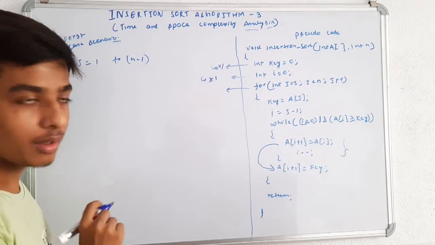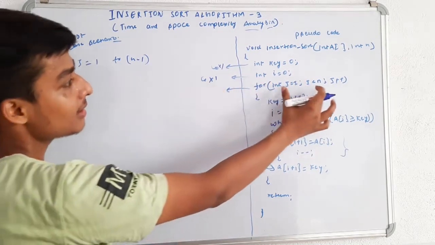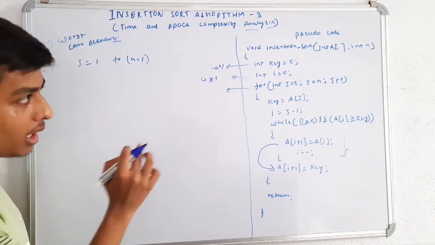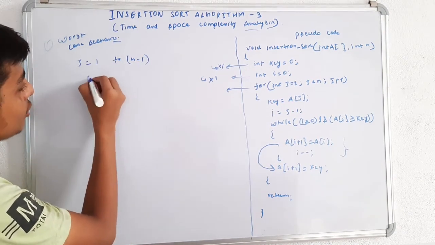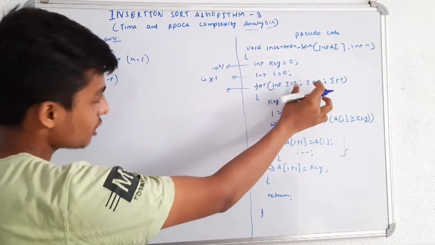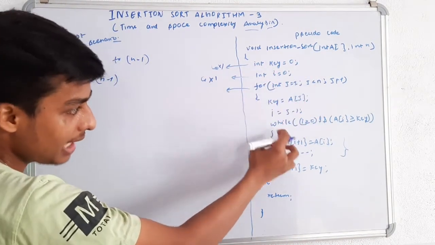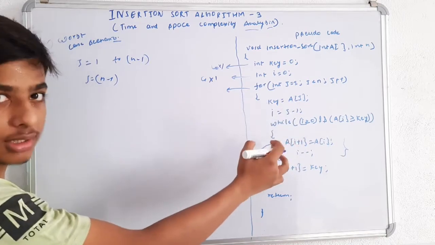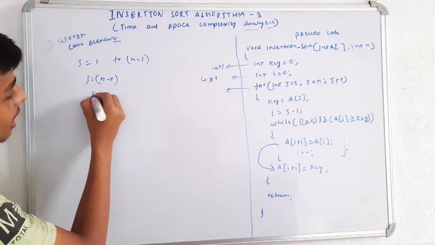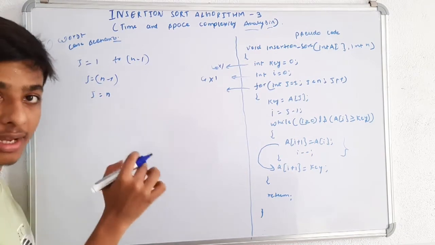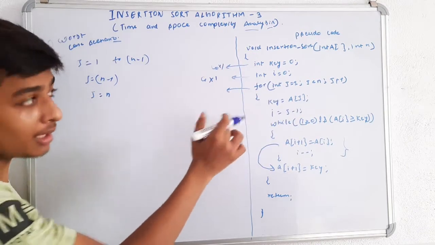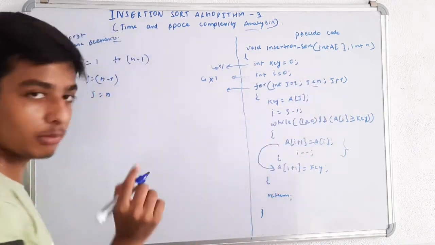Intuitively you will say that this statement will run only n minus 1 times, but no, because once your j value becomes n minus 1, the condition will be satisfied, it will come inside the for loop, execute all the things, and go again after incrementing the value. Then after incrementing, the value of j will become n, right? So when the value of j becomes n, it will check this condition one more time.